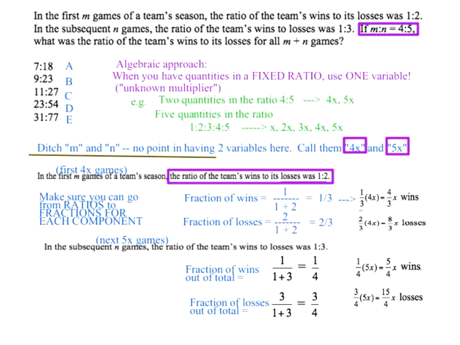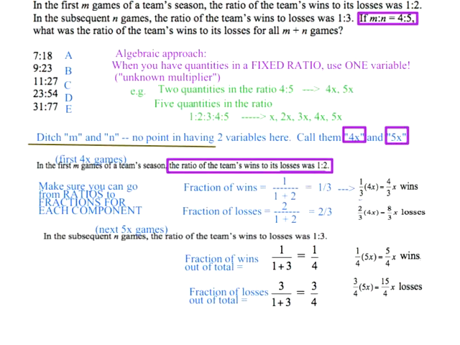So let's move some of this up a little bit. Okay. So in total, we're just adding those fractions together. If you add up 4/3 x and 5/4 x, that's what you get.